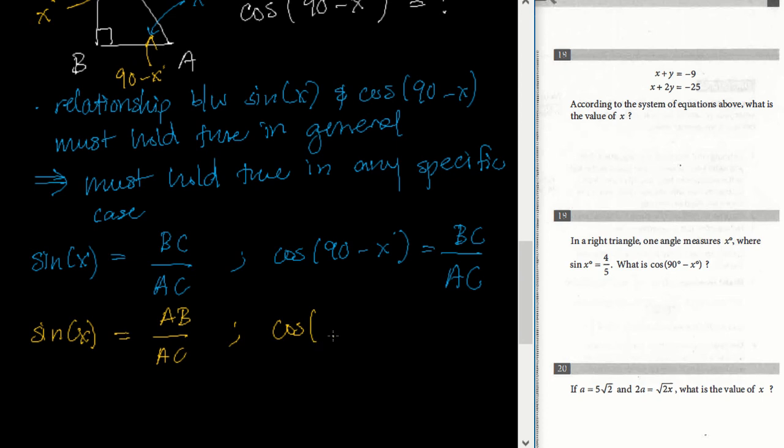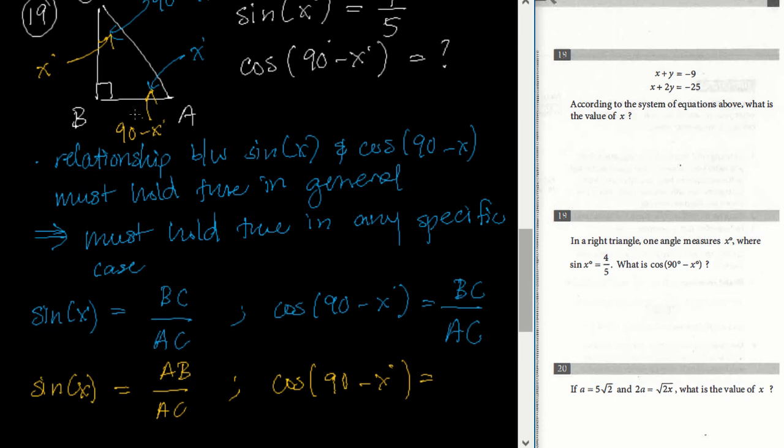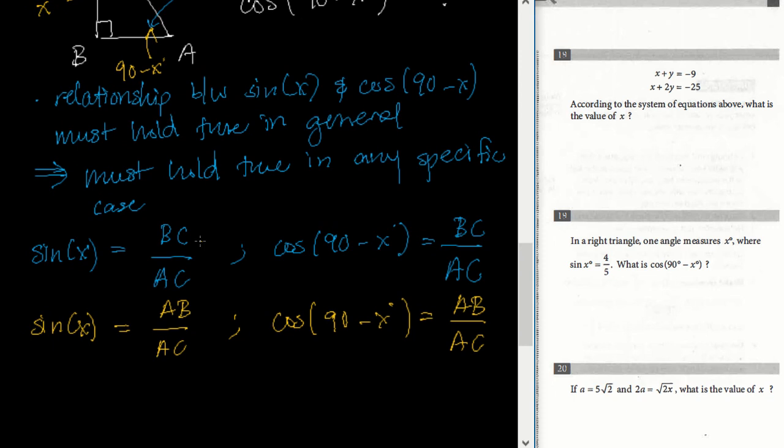And cosine of 90 minus x degrees would have also been, since in this case 90 minus x is this angle, the adjacent side AB, and then the hypotenuse remains AC. So in either case, no matter which angle we assign as x, the relationship that sine of x equals cosine of 90 minus x is true.